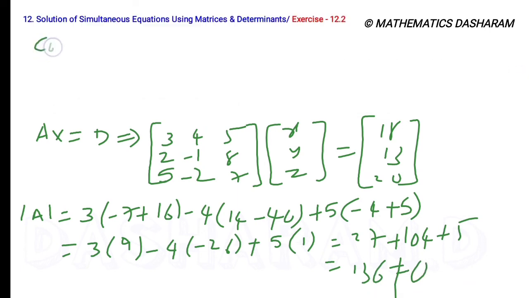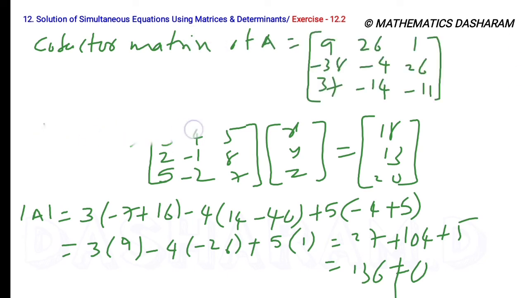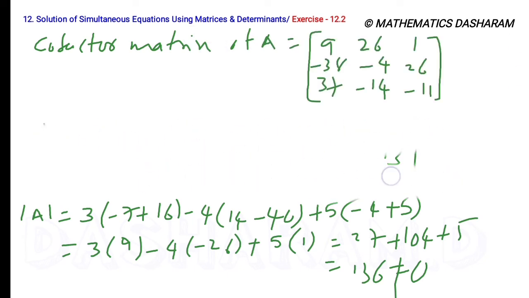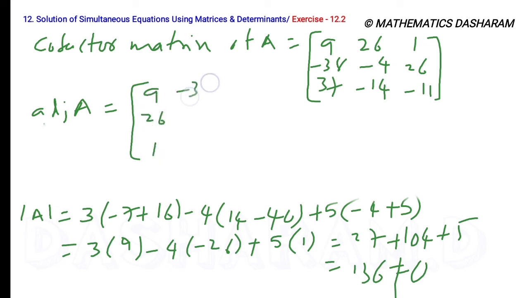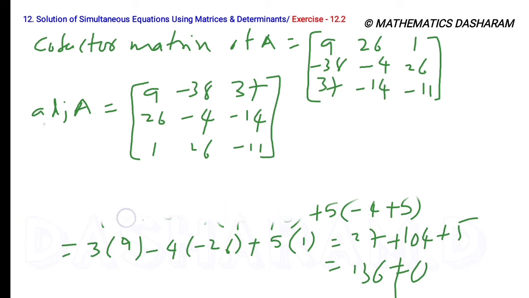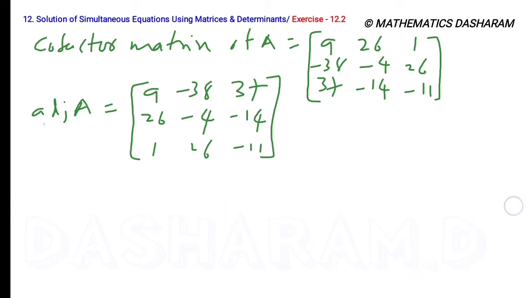Let's find the cofactor matrix of A. Next, to find the adjoint of matrix A, apply the transpose to the cofactor matrix: 9, 26, 1, minus 38, minus 4, 26, 37, minus 14, minus 11. Next, find the A inverse matrix.